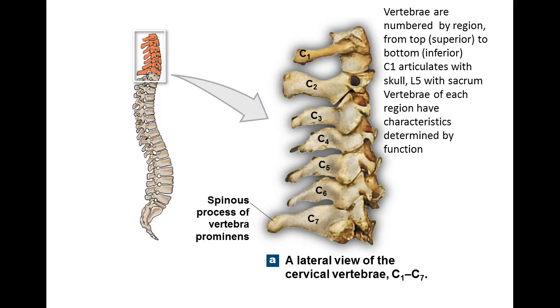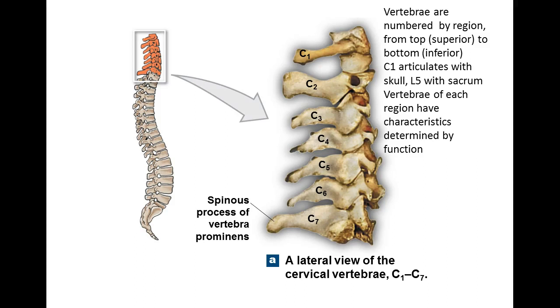So that arrangement between C1 and C2 allows a specific movement, with the help of the muscles, of course, that allows you to turn your head, basically not only to say no, but to look in your blind spot in your driving.